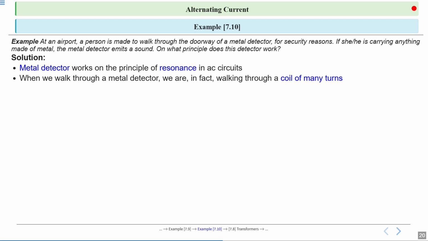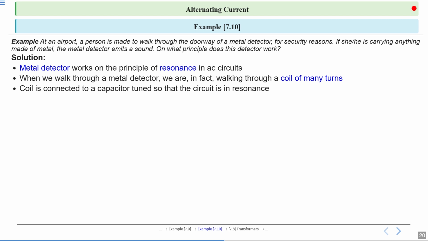So this is a closed loop. The coil is connected to a capacitor tuned so that the circuit is in resonance. So this coil of many turns through which we are moving, that doorway, is connected to a capacitor which is tuned at a resonant condition.